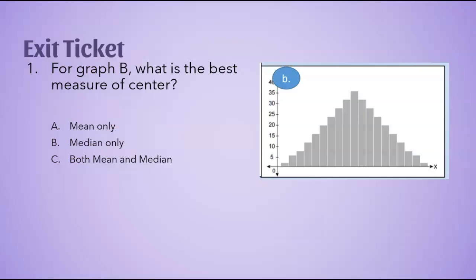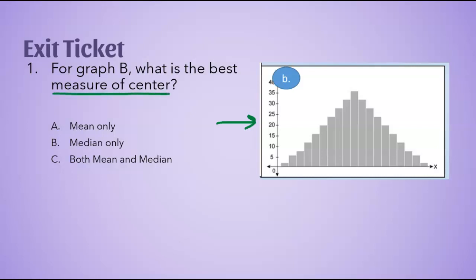All right, your exit ticket for graph B, this graph right here. What is the best measure of center? So first figure out what the shape of your distribution is. And then look at your handout and figure out what is the best measure of center.